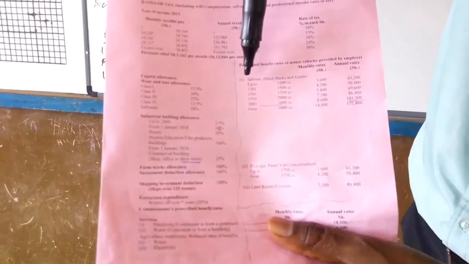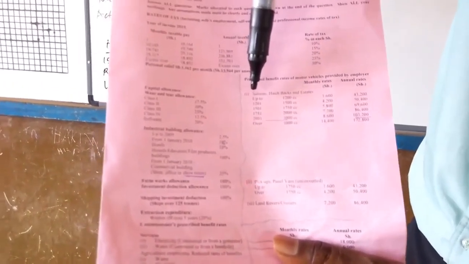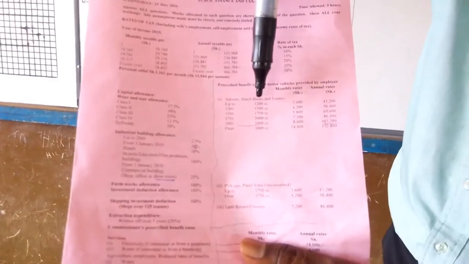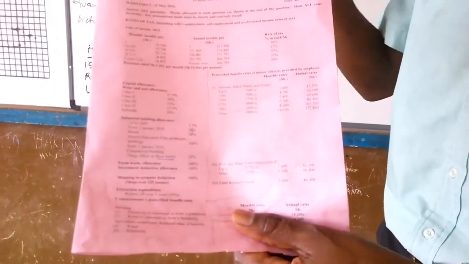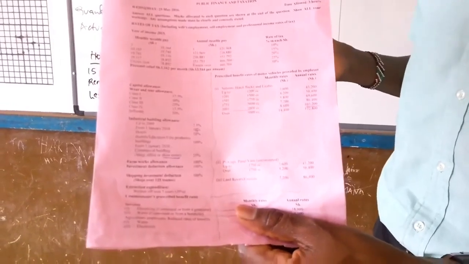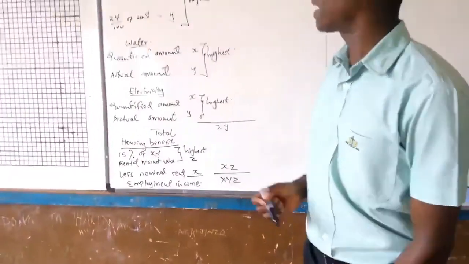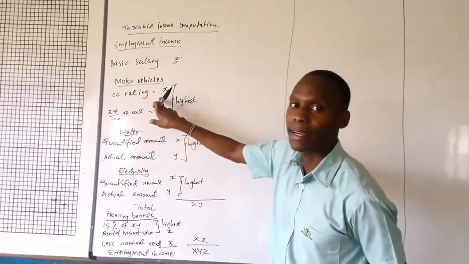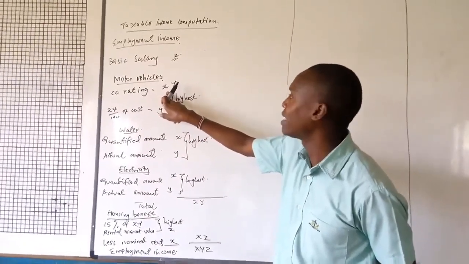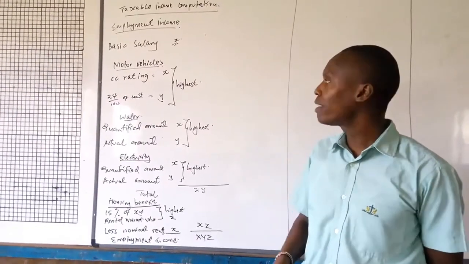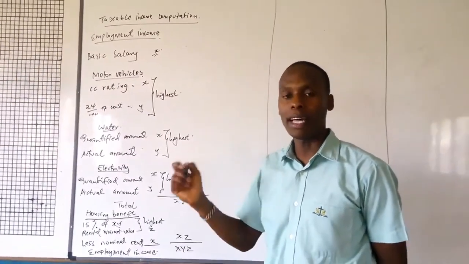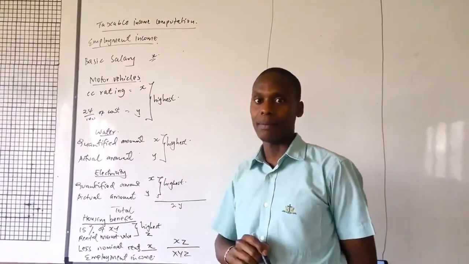Then we have 1,201 to 1,500 cc, which will also be given a value in terms of the monthly and the annual. Then in that particular case, in my rating, I have the cc. Then the question will give the cost of that particular car.